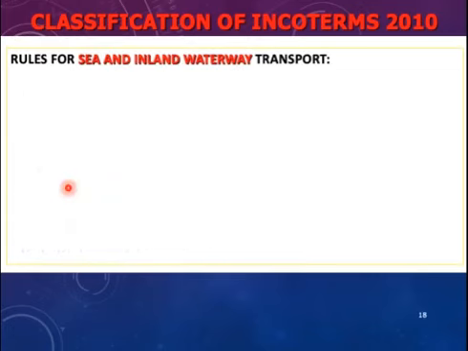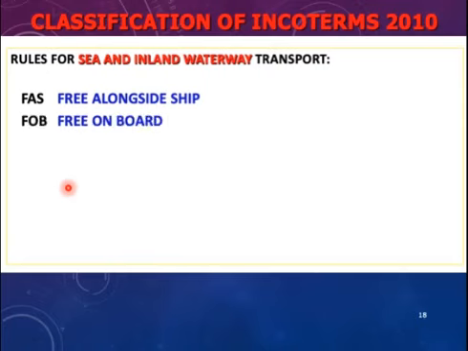The next is the rules for sea and inland waterway transport. We have four rules here. FAS is abbreviated for free alongside ship. FOB, free on board. CFR, cost and freight.